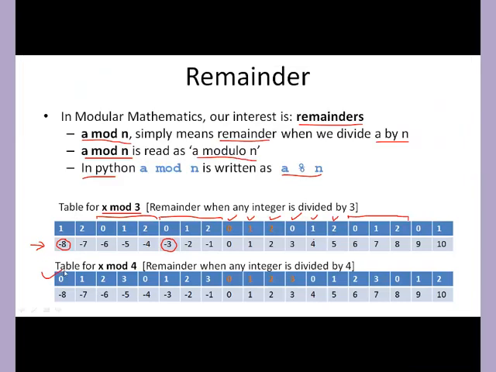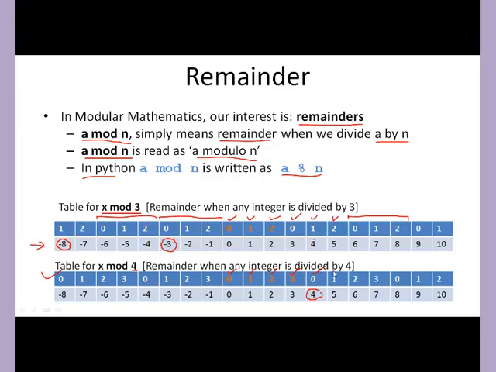Now for the second table, when we take mod 4, what happens? When we divide 0 by 4, 0 is remaining. We divide 1 by 4, 1 is the remainder. 2 divided by 4, 2 is the remainder, 3 divided by 4, 3 is the remainder. Now when we divide 4 by 4, we get remainder 0.